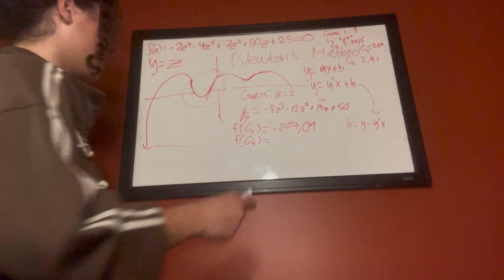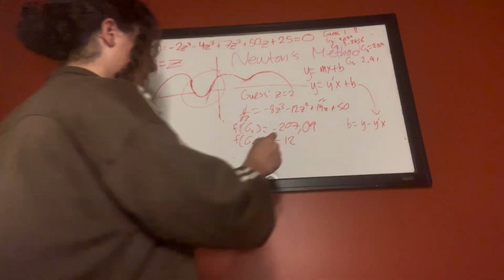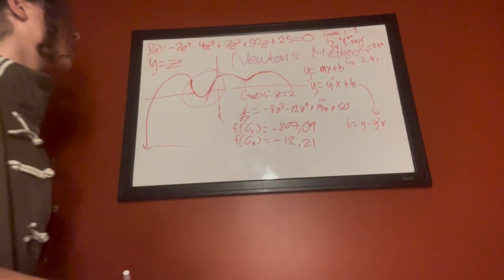So I have f is equal to minus 12.21. Okay, my f's are getting smaller and smaller.